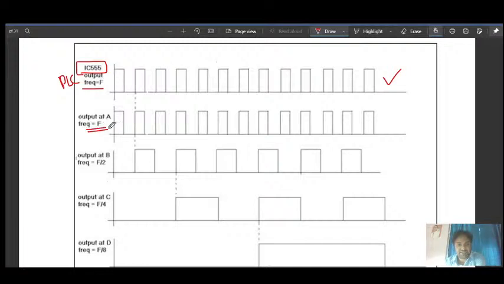When we set the frequency f, we get the same output. When we set the frequency f by 2, we get this waveform. So what does it tell us? It tells us that when the frequencies are equal, the same pulses are generated.